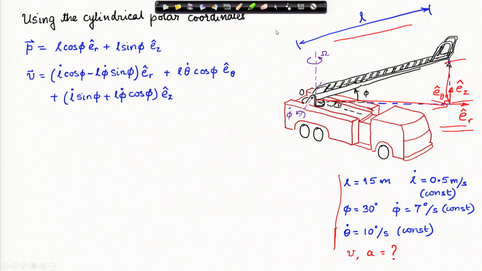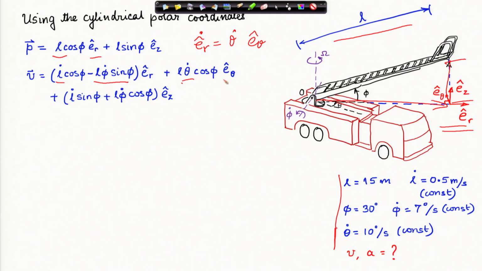Now, the velocity vector is obtained by differentiating this. I know the rules of differentiation, so I will differentiate and this is what we have. L changes, therefore L has a derivative, and phi changes, so phi has a derivative, so minus phi dot sin phi ER, then ER has a derivative, so L and ER dot, remember ER dot is theta dot E theta.